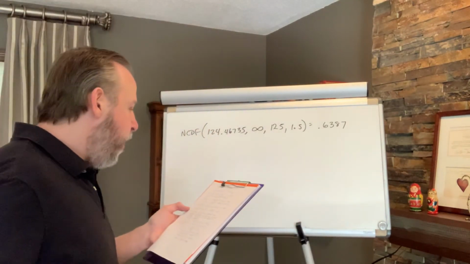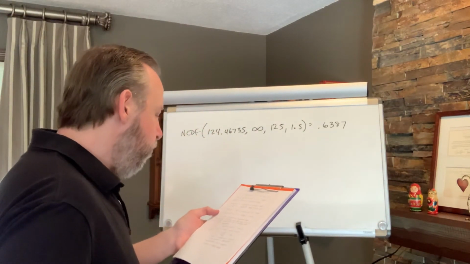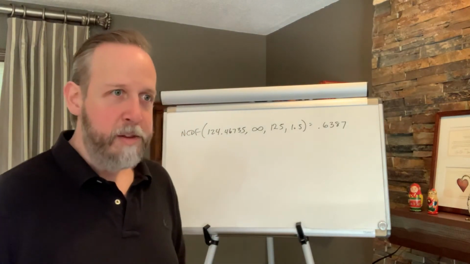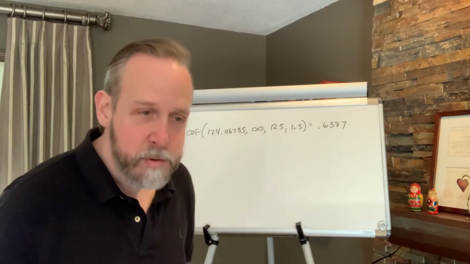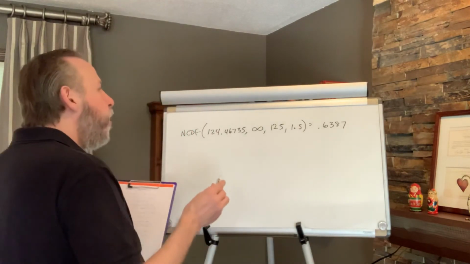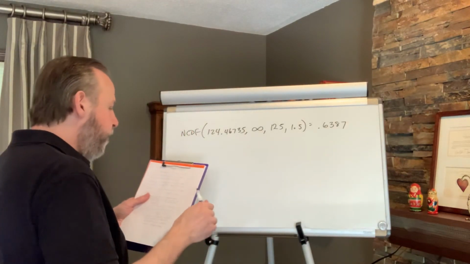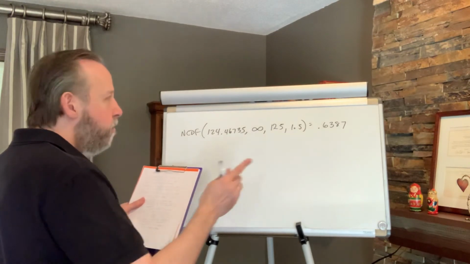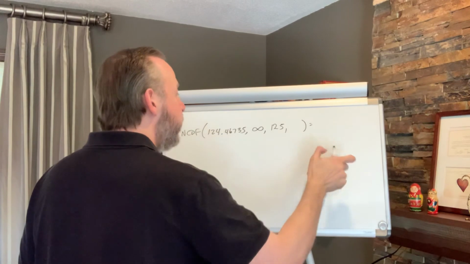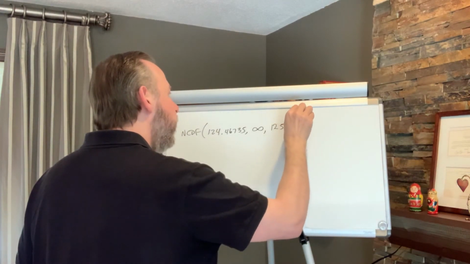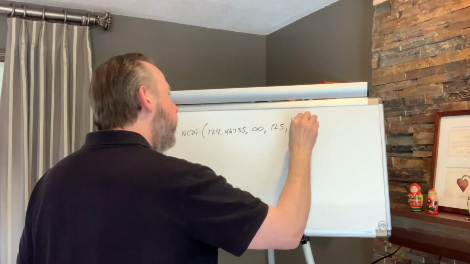And finally, part E. There's more than one way to solve the problem, but if you want to just pick a number that's more than 100 and see what happens, that works. So what if instead of using the sample size of 100, I had a sample size of 200?